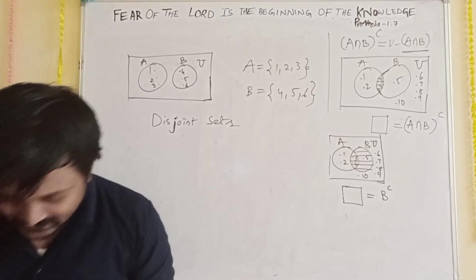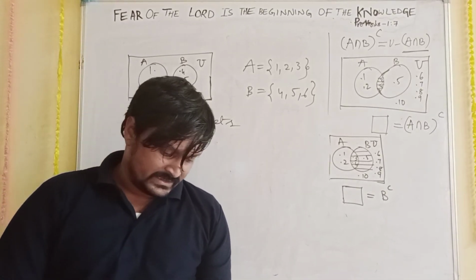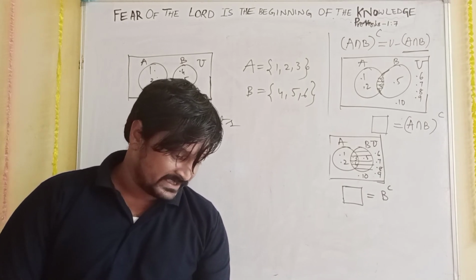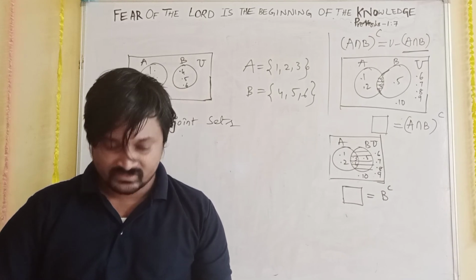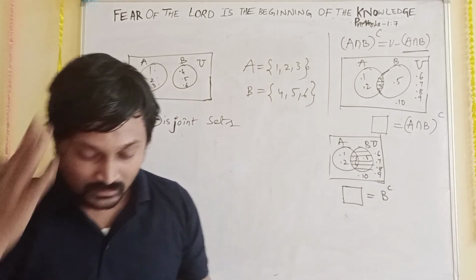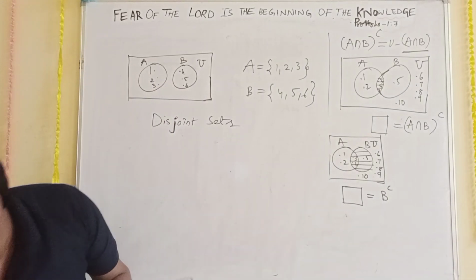Okay, A union B is completed, and now we are going to discuss some of the diagrams given in your textbook. Right, let us discuss now.